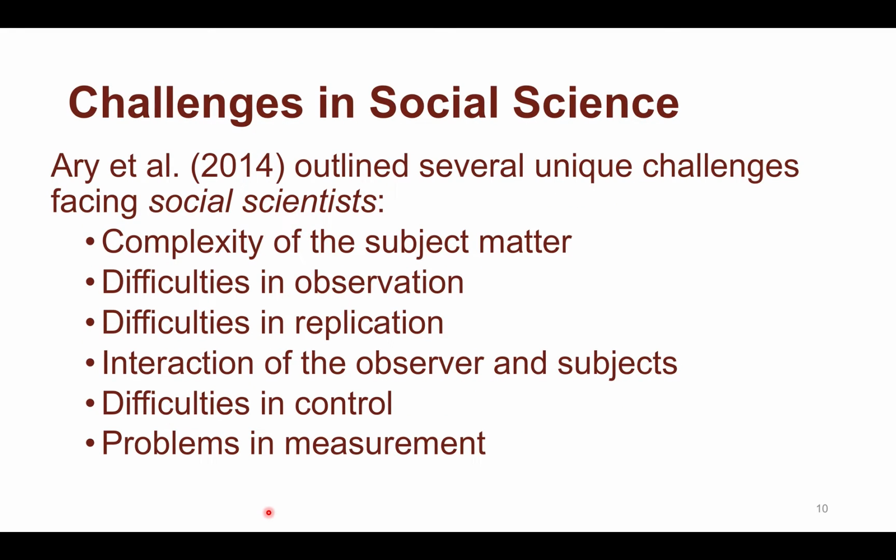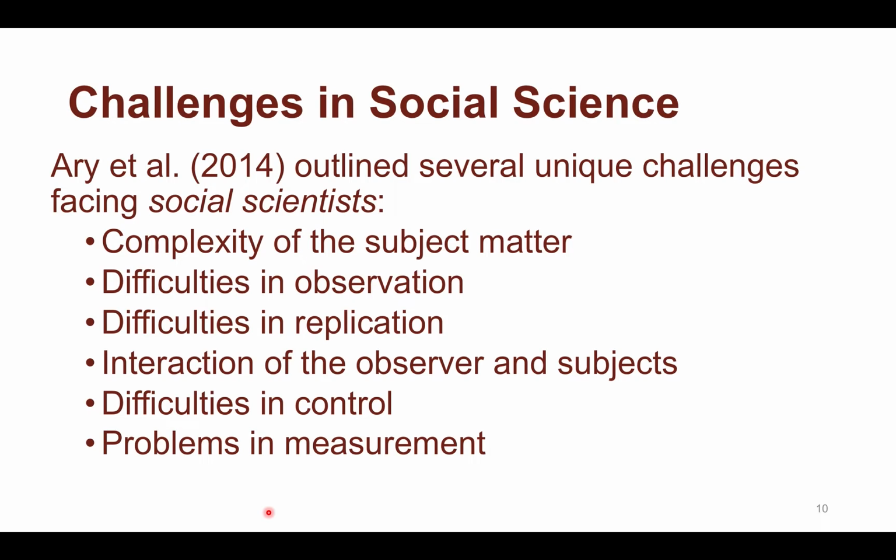Ari et al., 2014, in their article, talked about the challenges that are unique to social science that aren't as prevalent in, for example, biology, chemistry and physics, which are certainly challenging disciplines, but don't have the same complexities that working with people has.